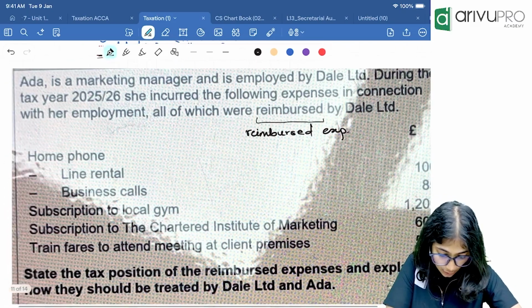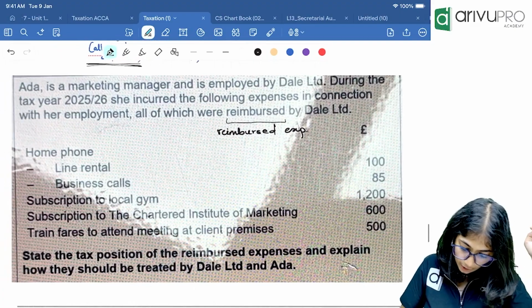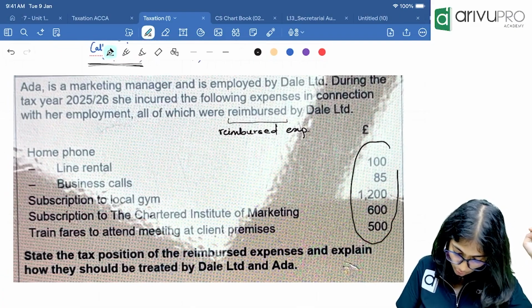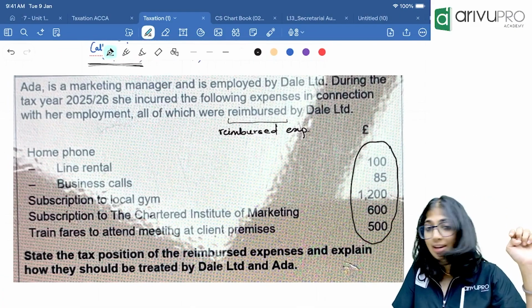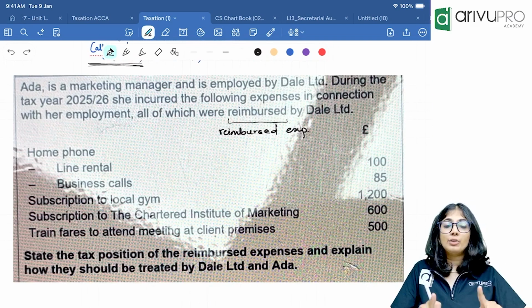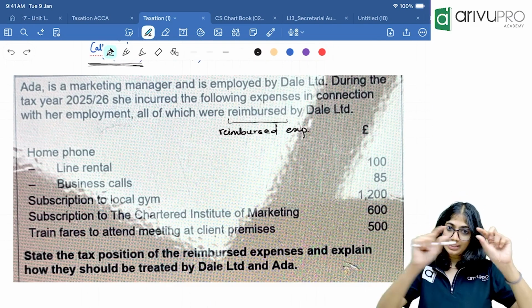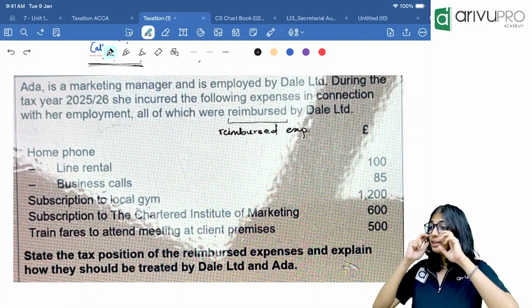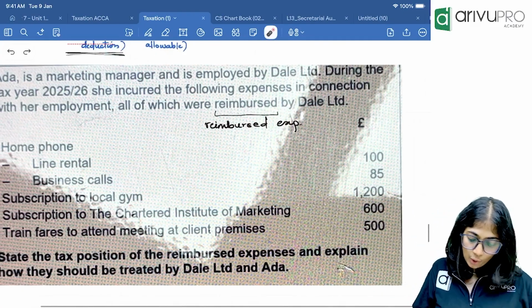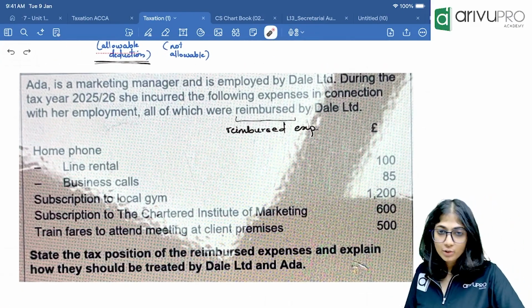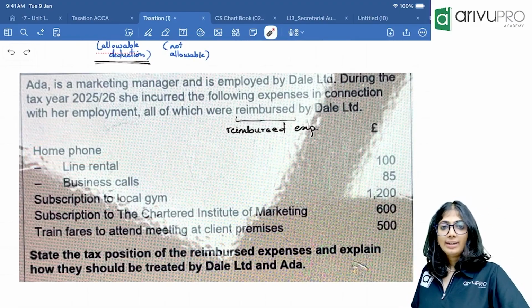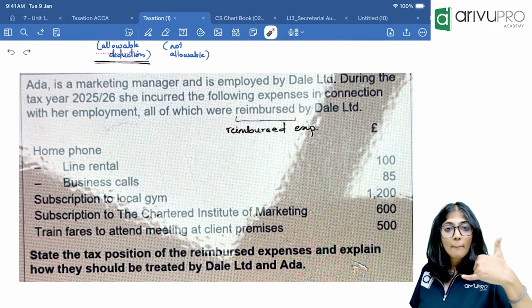Now let's look at this. All of this was reimbursed by your employer. Now we have to see what is going to be your reimbursement item and what is going to be your allowable deductions. Home phone. What did we talk about home phone? Your telephone service that the company is paying for you.